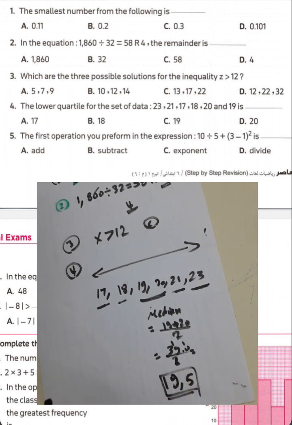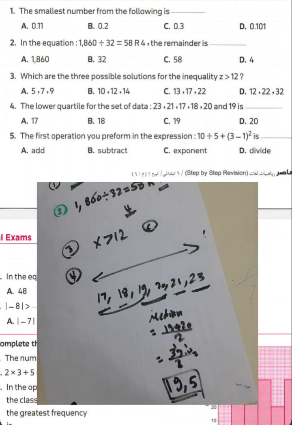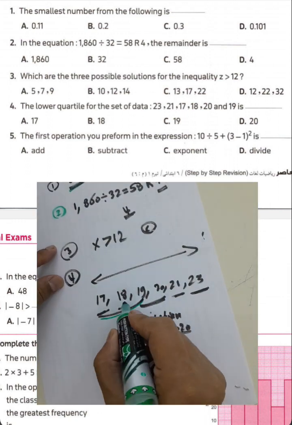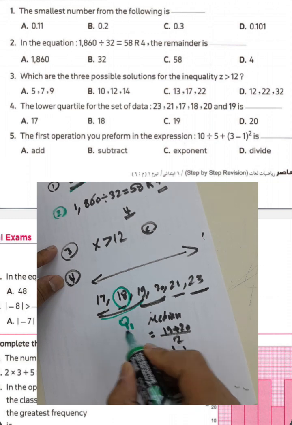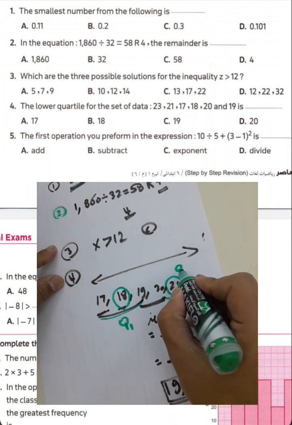From this set, we can find the lower quartile here. It will be 18. Okay, the lower quartile, or we call it quartile 1. So 18 is the lower quartile, and from this part 21 is quartile 3.